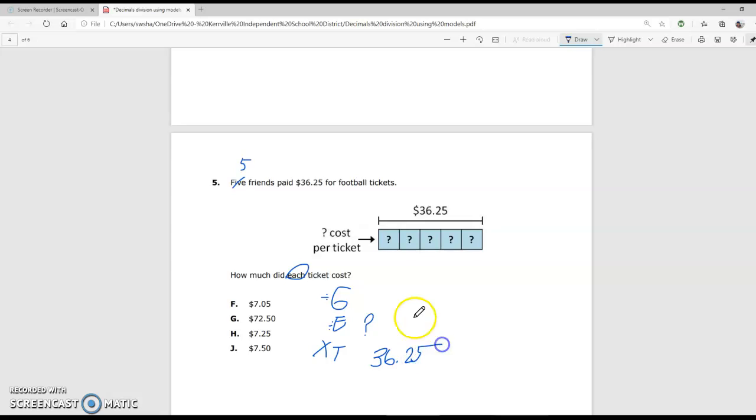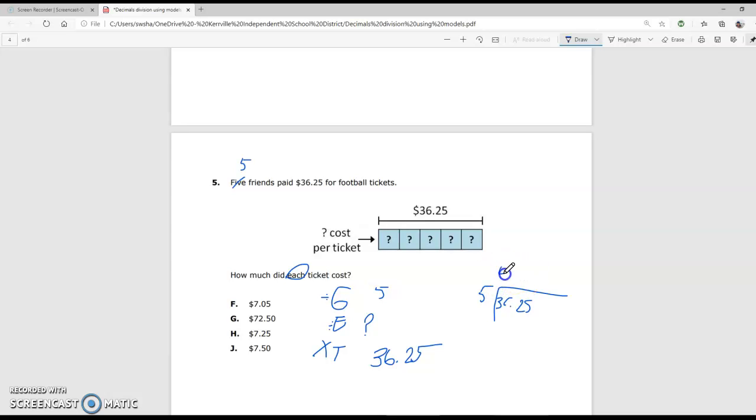And there are 5 friends. So $36.25 divided by 5.